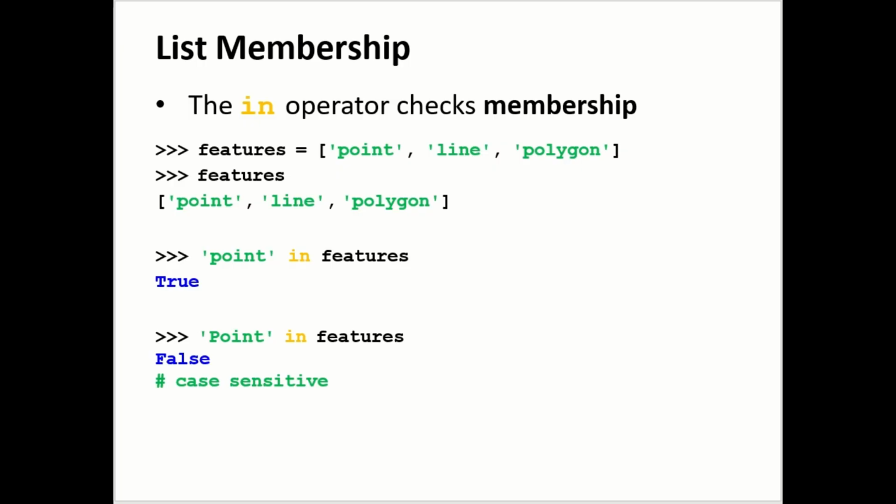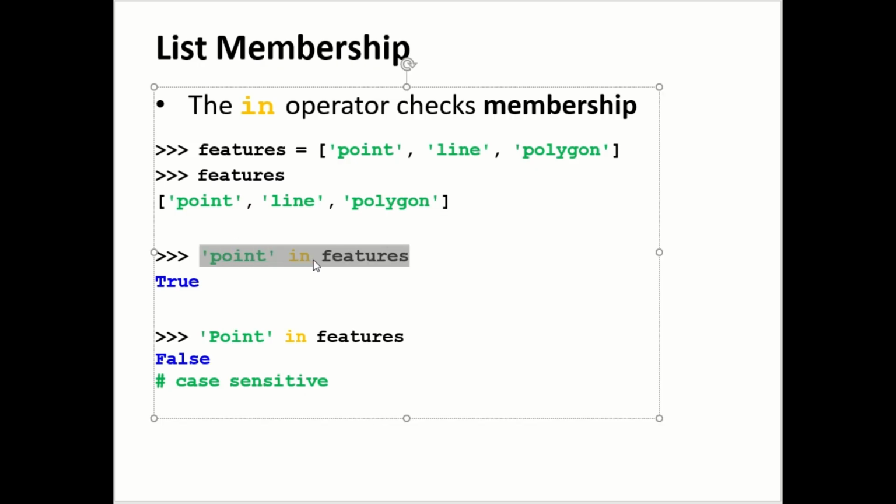There's an operator called in. In checks membership of a given value in, here, a list and returns either true or false, these Boolean values. So here is our features list: point, line, polygon.